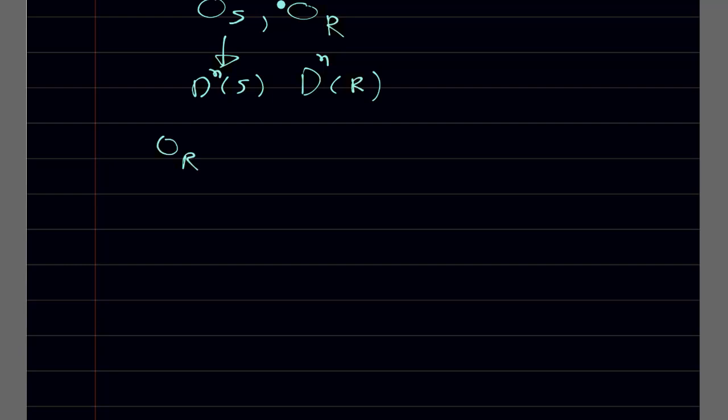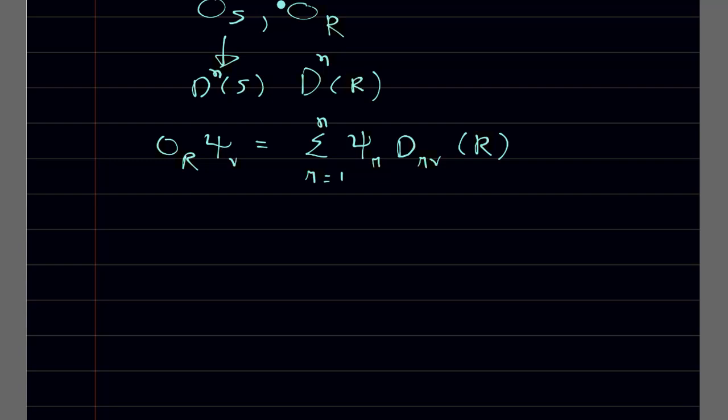Let your OR act on a basis state psi mu, and this can be written as a combination of various bases psi mu, where mu goes from 1 to n with some coefficients. So the elements of the matrices are just coefficients in front of the basis.